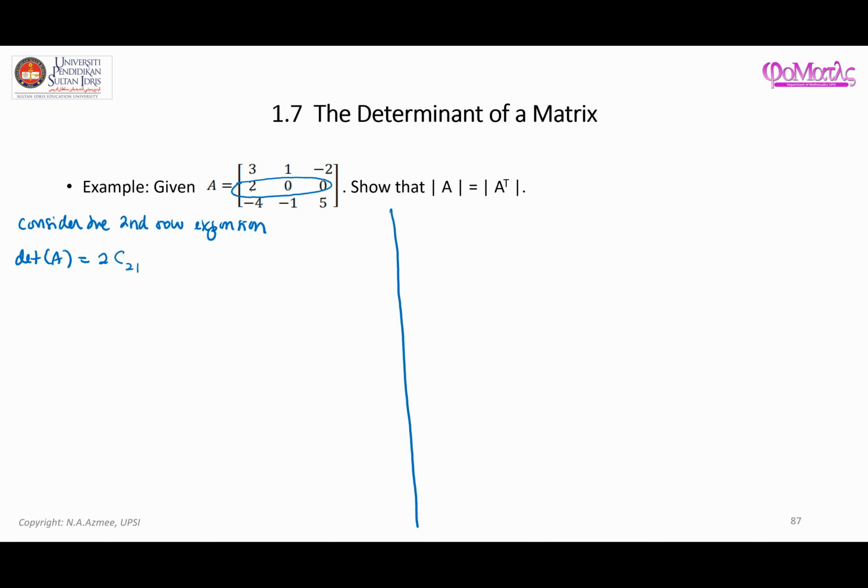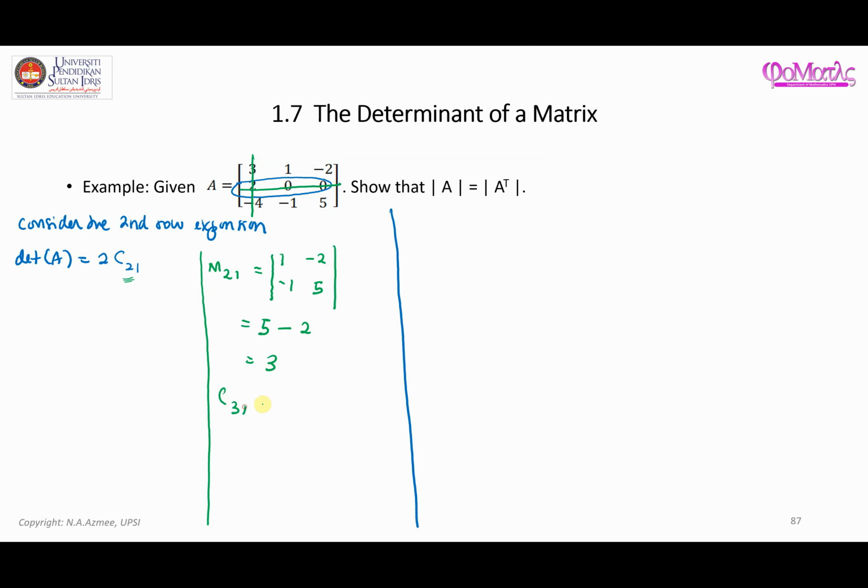And what is C21? C21 can be obtained if you consider M21. M21 can be obtained by deleting the second row and the first column. So you will have this result, -2, -1, and 5. The determinant of this 2 by 2 matrix is found by multiplying 1 and 5 minus, this is going to be +2. So the result here is 3.